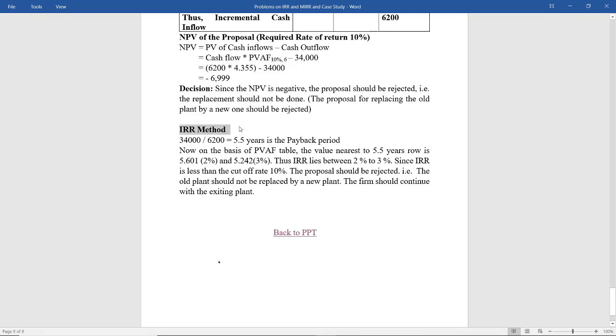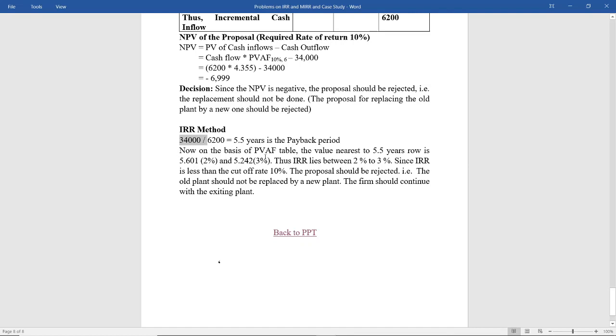Now, in the IRR method, I told you what you have to do is take 34,000, that is the cash outflow, divided by the average investment, correct? So 34,000 divided by 6,200 is nothing but 5.5 years, the payback period.